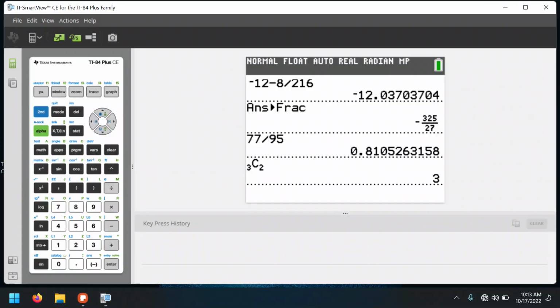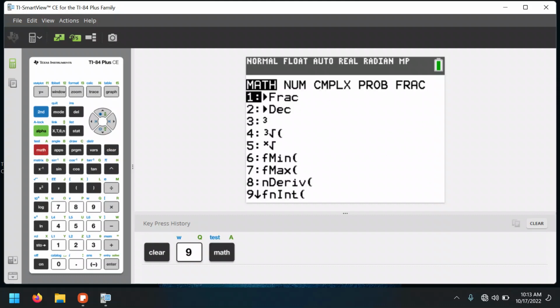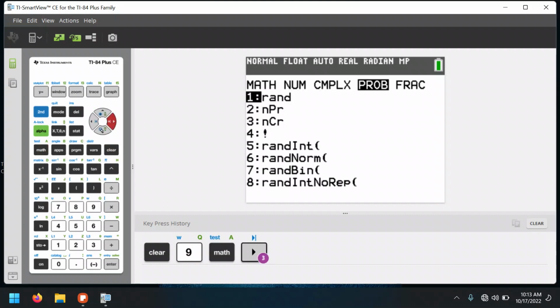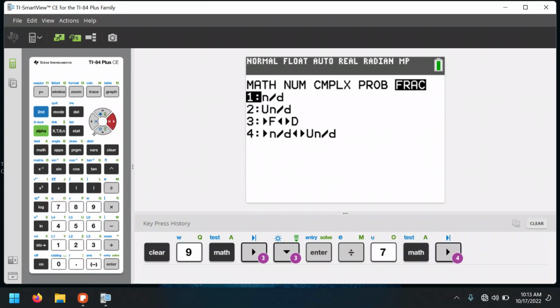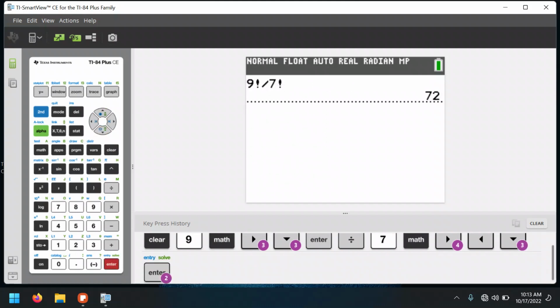I would have to go, let me clear all this, 9, then math. I would have to go all the way to the probability functions and select the 4. And then I'm going to divide by 7, math, and the factorial symbol, and of course that's going to give us the same answer.